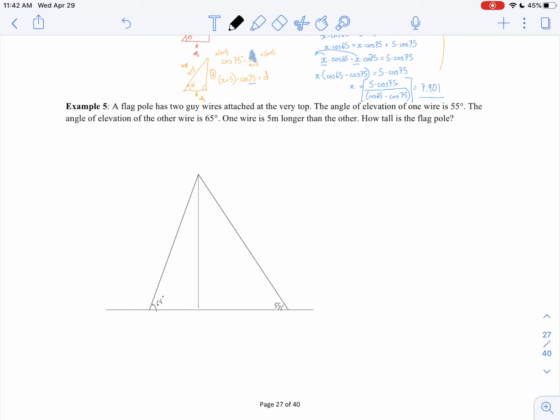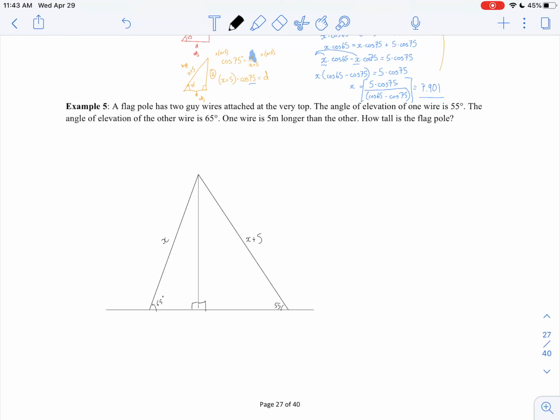So one wire is 5 meters longer than the other. So clearly my longer wire needs to be on my side that has the more shallow angle. So I could label this one right here x plus 5 because it's 5 meters longer than x. So we've got a 90-degree triangle here, a 90-degree triangle here.